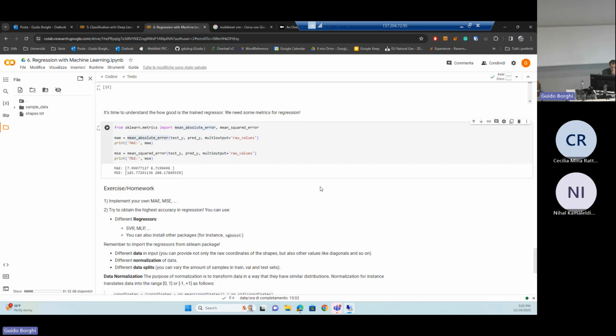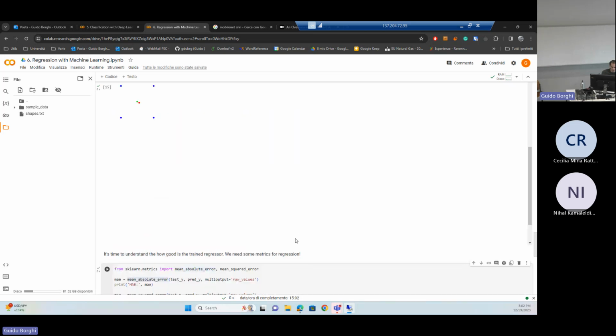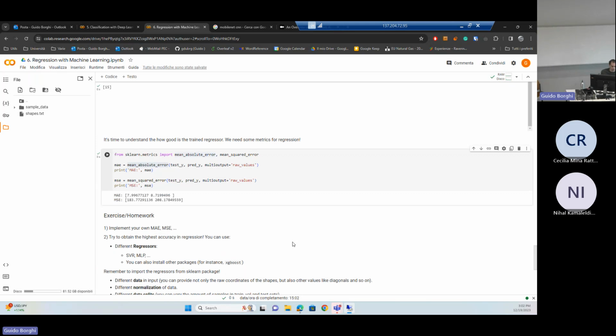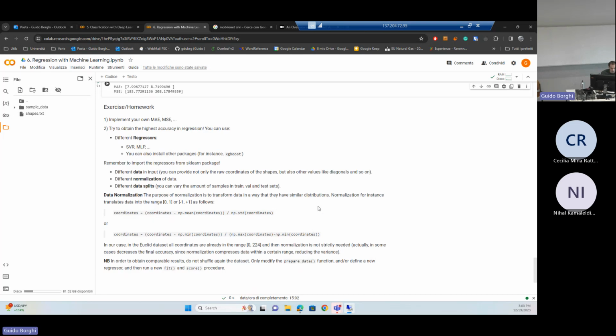Remember that you have to use specific metrics, error-based metrics, and then you have to use specific regressors that are contained in the scikit-learn package. You can see here a list of exercises or homework that you can do to improve your ability with the code.